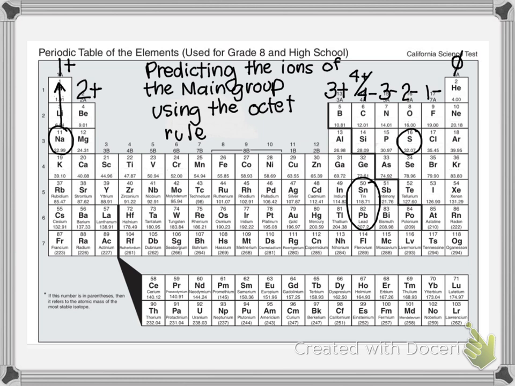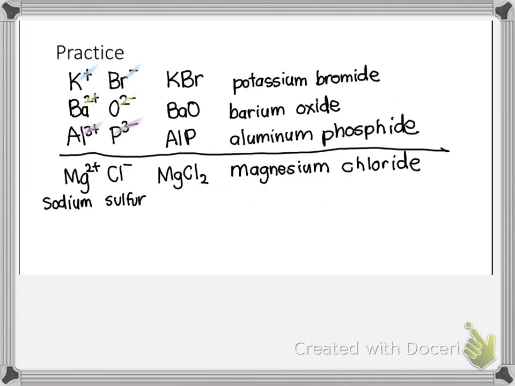And sulfur, you're a 2-. So this is the opposite of the above one. I have a +1, 2 negatives, so I'm going to need 2 of the positives. And I would name that sodium sulfide.